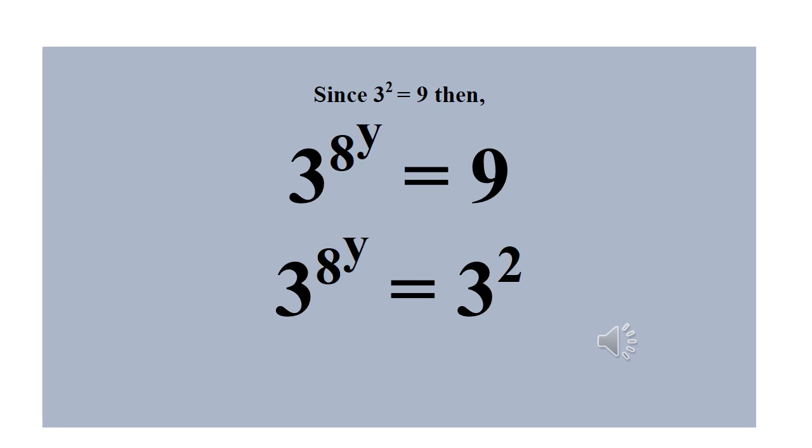Now we have 3 squared equals 9. And since 3 squared equals 9, we can plug it in where we see 9. So we have 3 raised to power 8 raised to power y equals 3 squared. 3 squared, that's 3 times 3, 9.